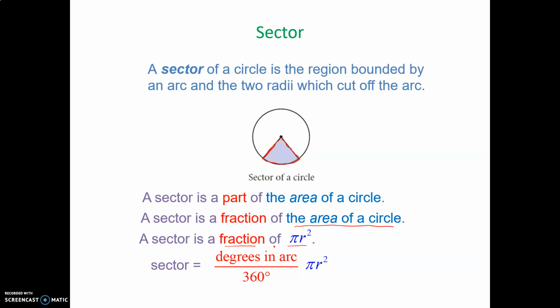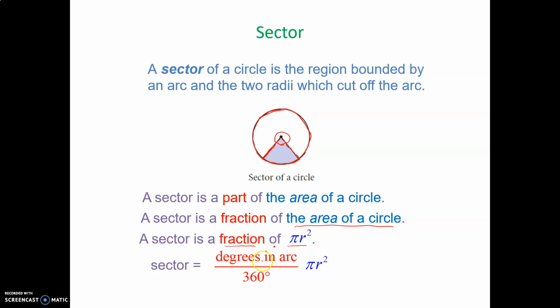To figure out what fraction it is, there's 360 degrees in a circle, so there's 360 degrees around here. There's also 360 degrees around this edge here. So the sector is a fraction of that circle.